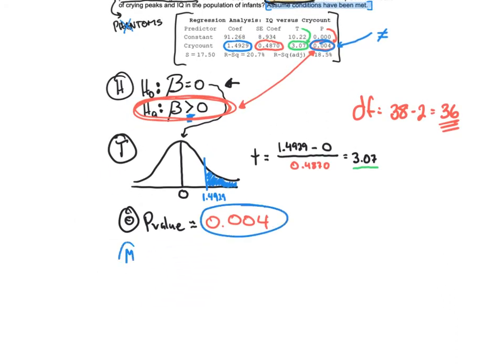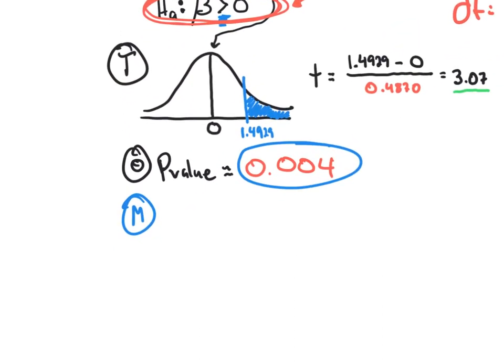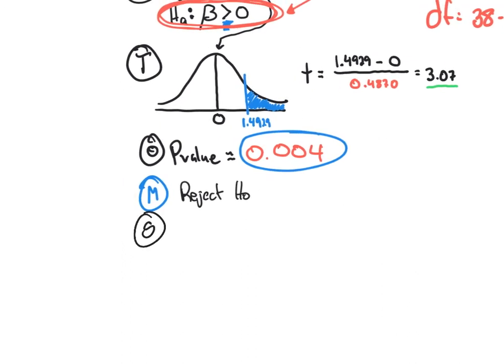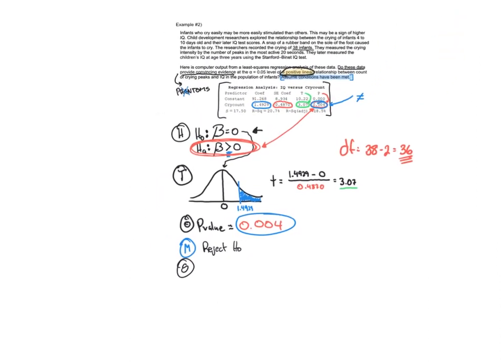So now let's make a decision on this thing. At the 5% level, that's well below 5%, so we know we're going to reject the null hypothesis. And then on our summary, let's just say what it is that we believe.